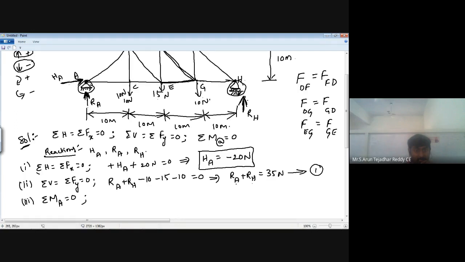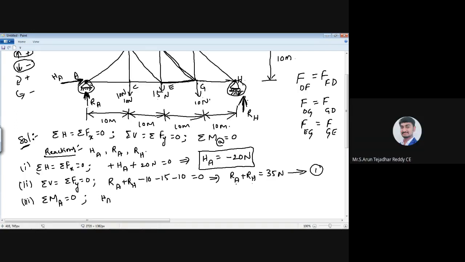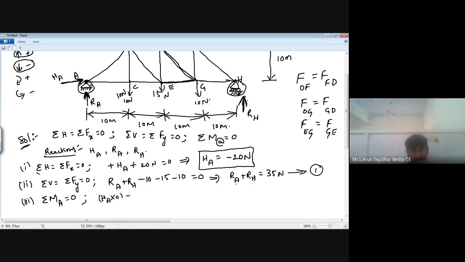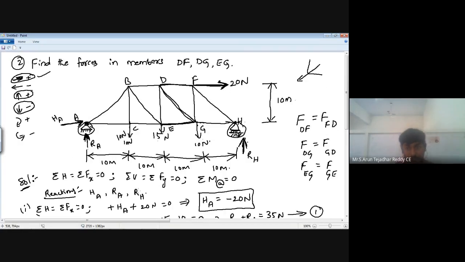It means HA into 0 plus RA into 0. Whatever forces are passing through point A, HA is passing through A, so it is multiplied with 0, and RA is passing through A, so it is multiplied with 0. Except these two, check whatever forces are acting: 10 Newton, 15 Newton, again 10 Newton, one reaction, and here the 20 Newton.